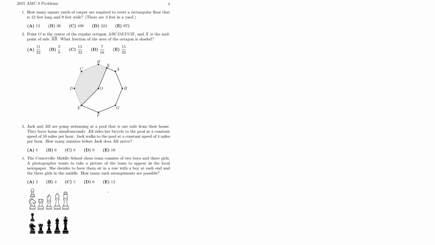Number 1. How many square yards of carpet are required to cover a rectangular floor that is 12 feet long and 9 feet wide? There are 3 feet in a yard. So the rectangular floor is 12 feet long.